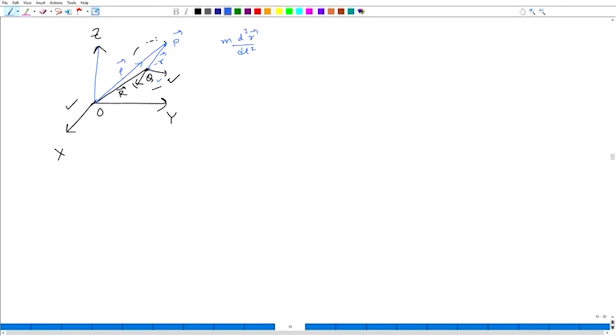We know from normal vector algebra that rho is equal to capital R plus small r, and that is why d2rho/dt2 is simply d2R/dt2 plus d2r/dt2.